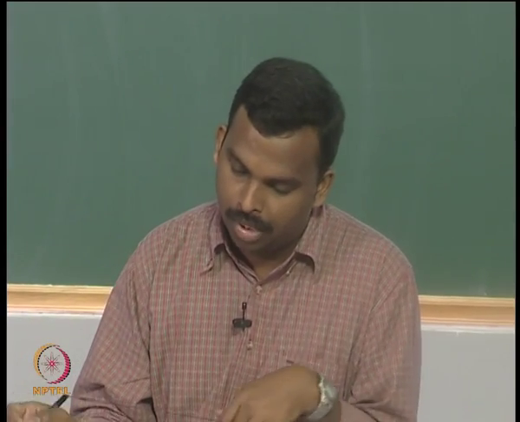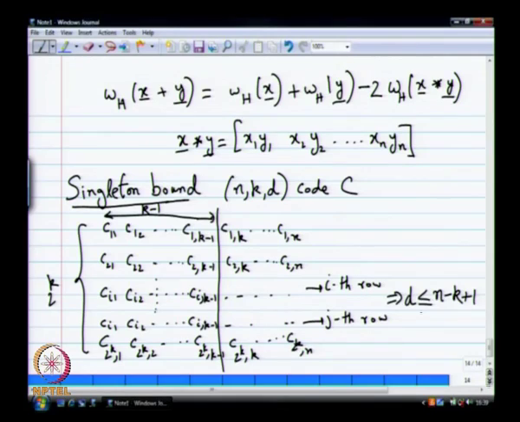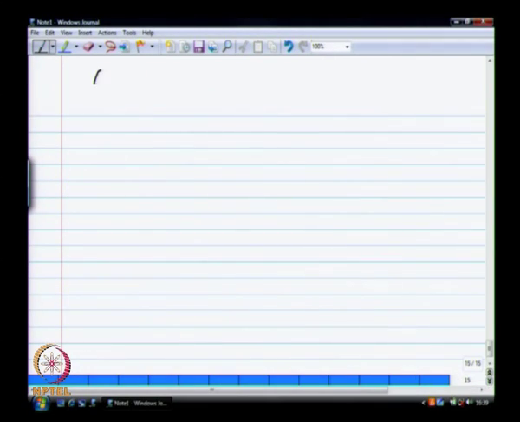All right. So now let's see if you can give me examples of codes that meet the Singleton bound. Once again, let me remind you what the Singleton bound is. I have an n, k, d code. I know definitely d is less than or equal to n minus k plus 1.